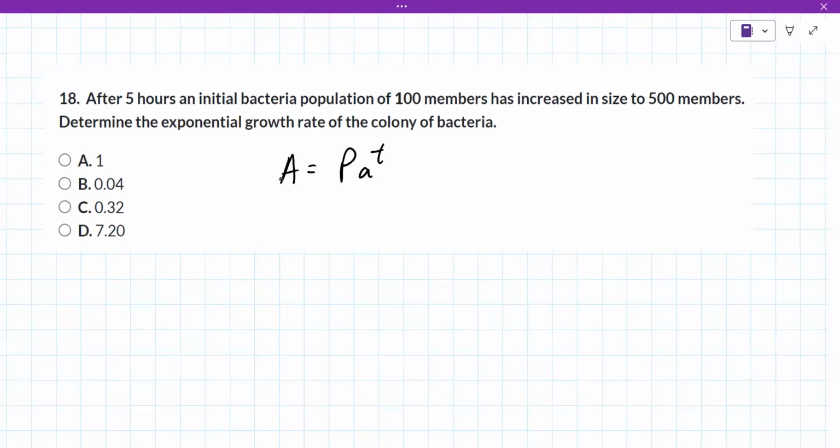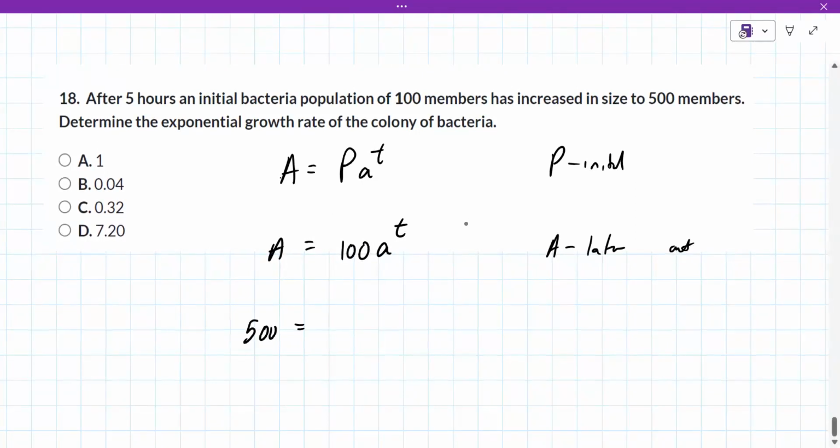P stands for the initial amount, so in your problem, that's 100. A to the power of t. We don't know either of those values, but we know that A is the later amount, which is 500. And we know that this happens in 5 hours, so t is 5.